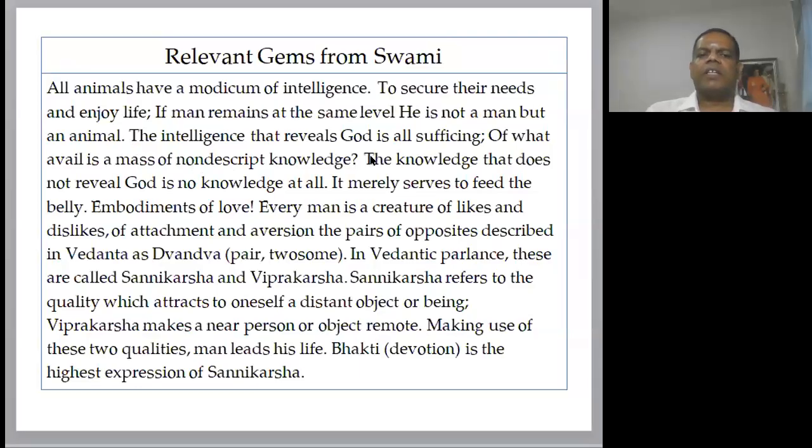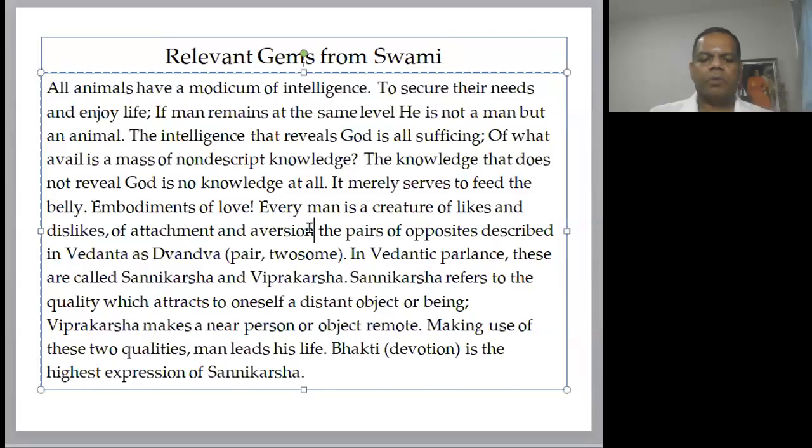The intelligence that reveals God is all sufficing. Of what avail is a mass of nondescript knowledge? The knowledge that does not reveal God is no knowledge at all. It merely serves to feed the belly. Embodiments of love, every man is a creature of likes and dislikes, of attachment and aversion. The pairs of opposites, described in Vedanta as dvandva.